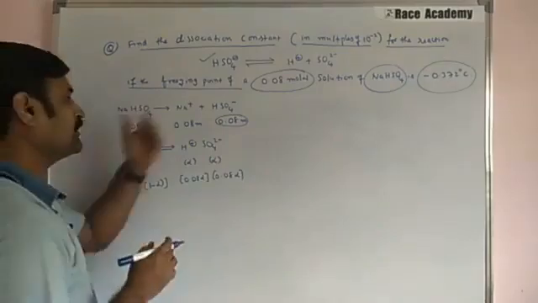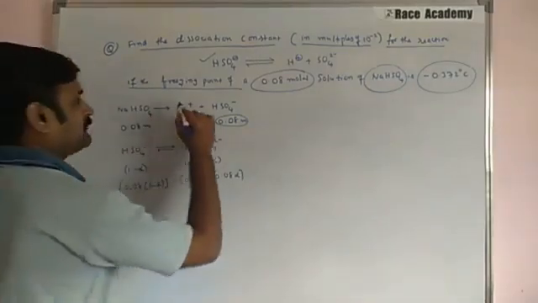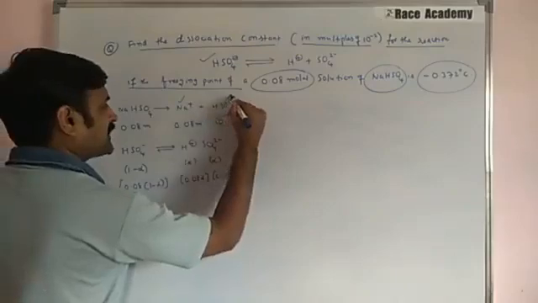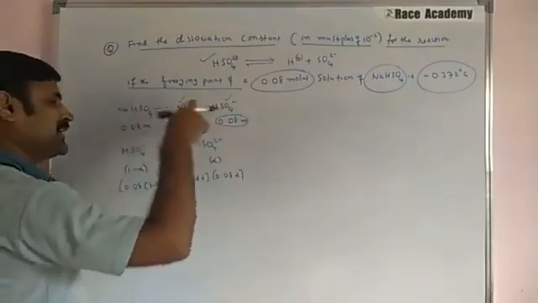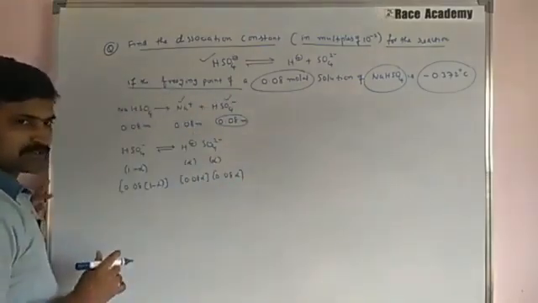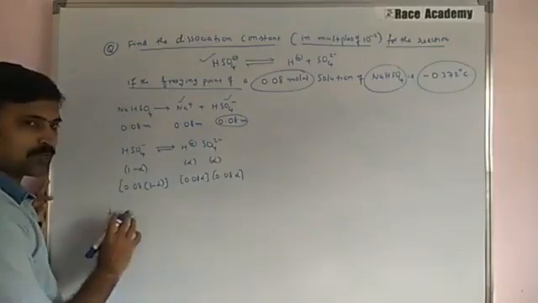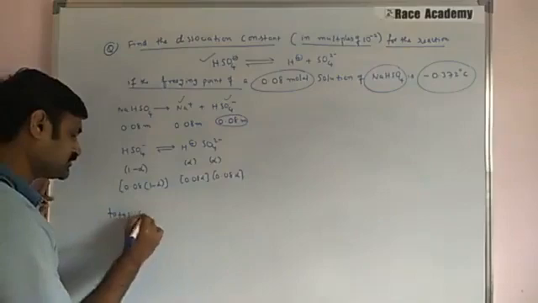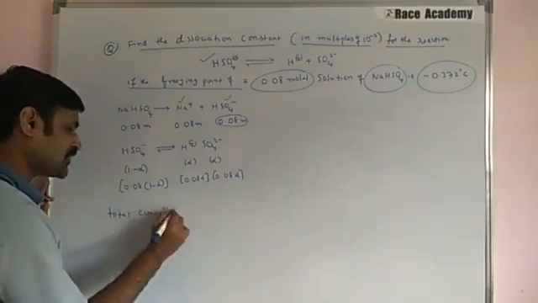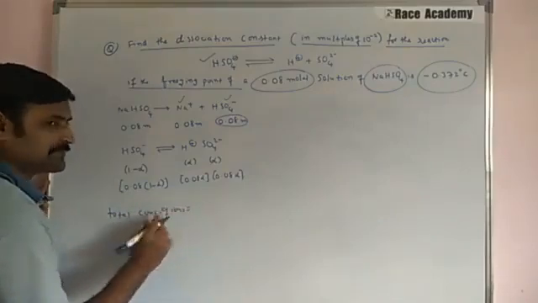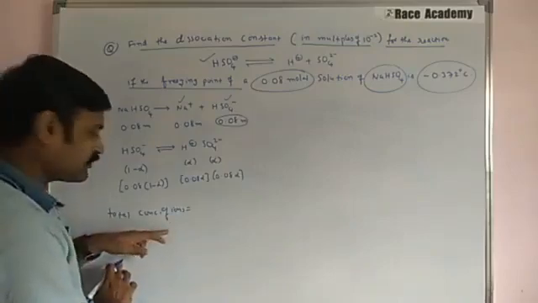Now how many types of ions are there? We have Na plus ion, bisulfate ion, and the dissociation of bisulfate ion also. So what is the total concentration of ions?